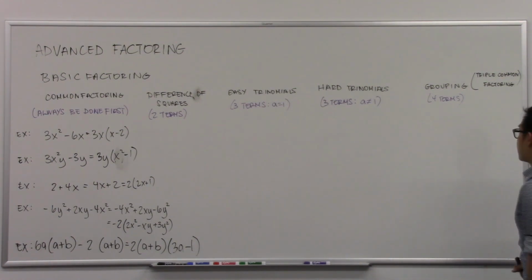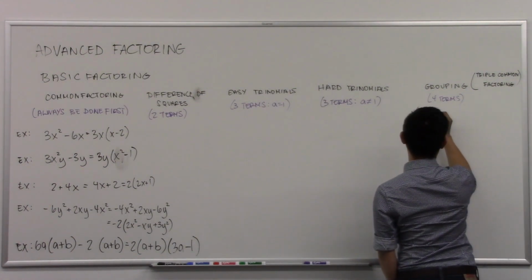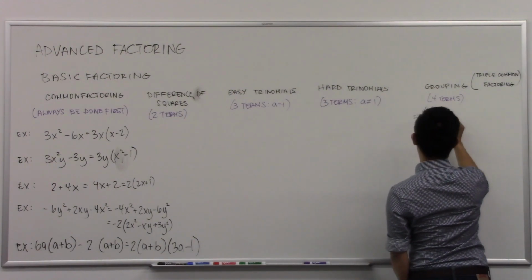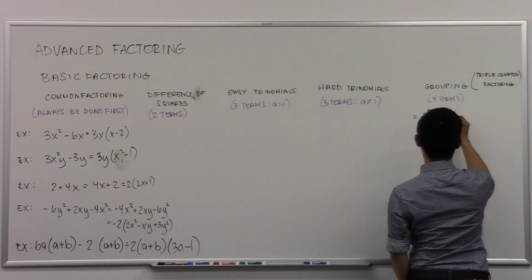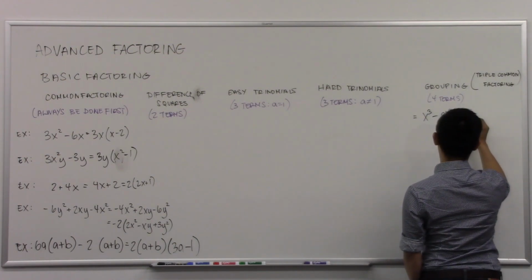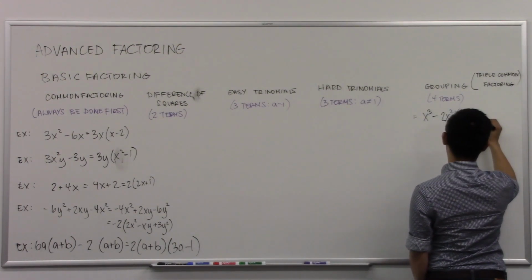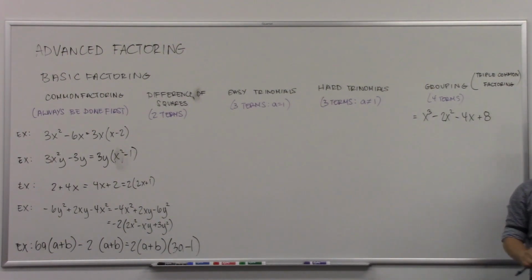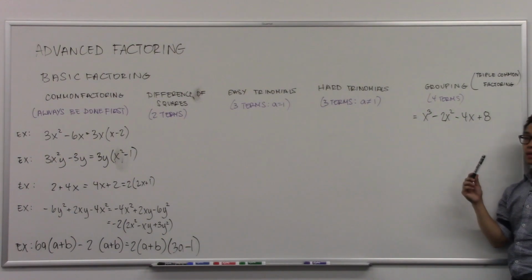An example of that would be x cubed, let's go minus 2x squared minus 4x plus 8. What are the first 2 things you'd ask yourself before factoring something?